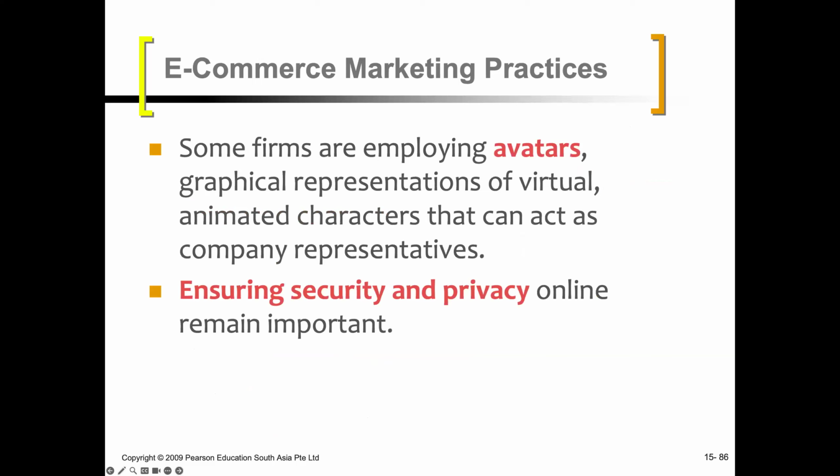Some companies are employing avatars, graphical representations of virtual animated characters that can act as company representatives.